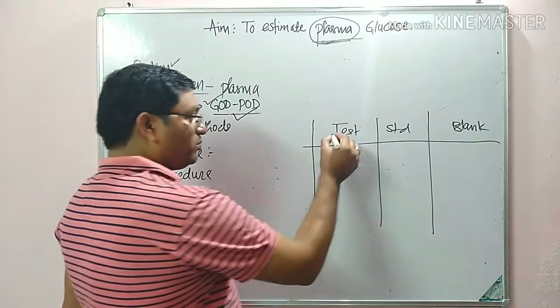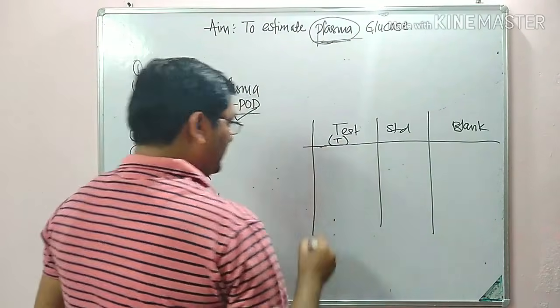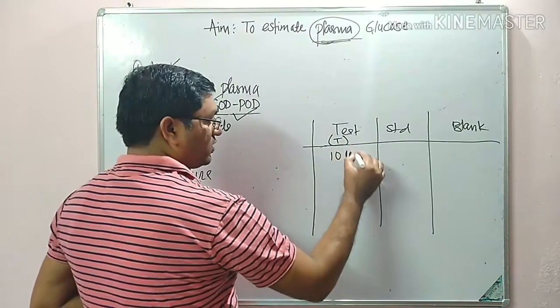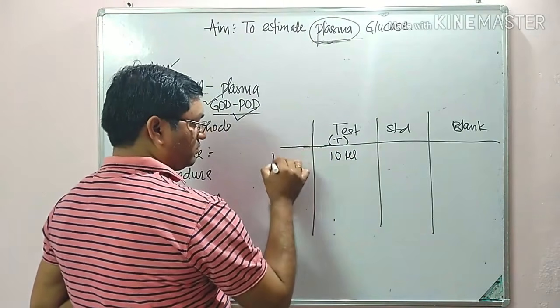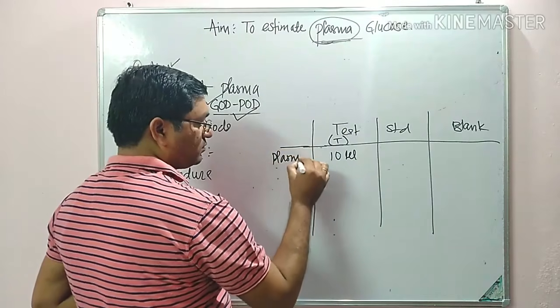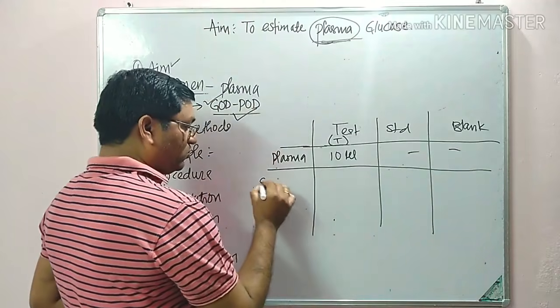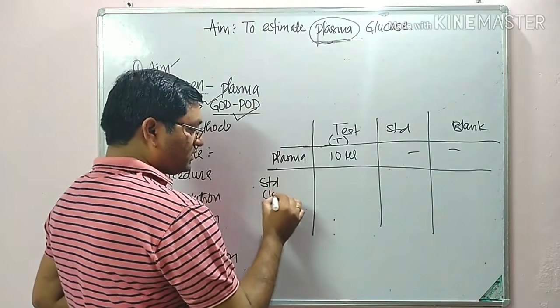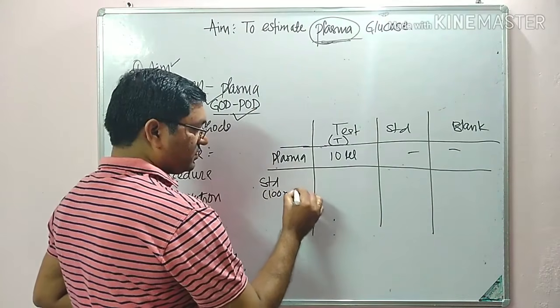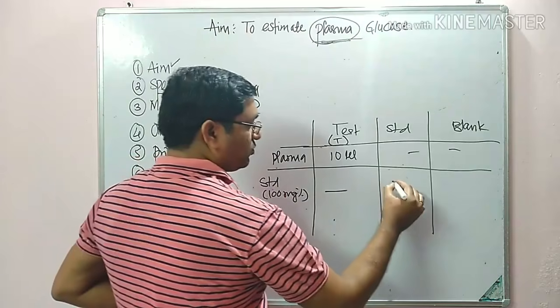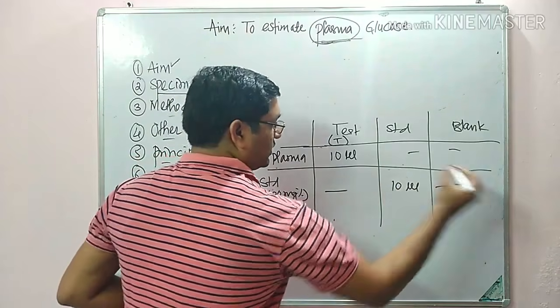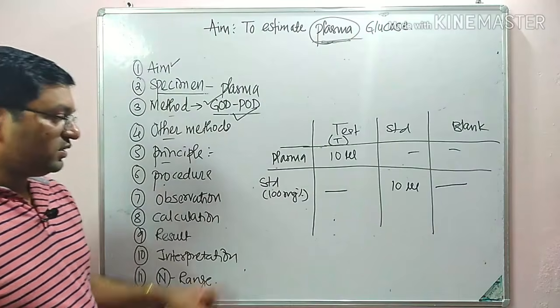In the tube labeled T, take 10 microliter of sample, that is plasma. Take glucose standard of concentration 100 mg/dL in the standard tube, 10 microliter.